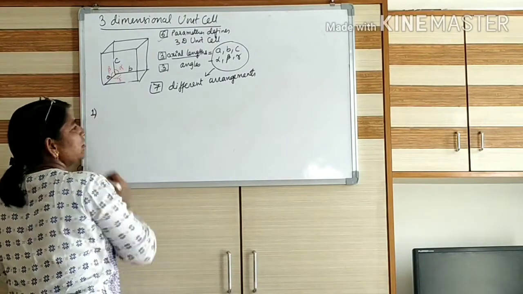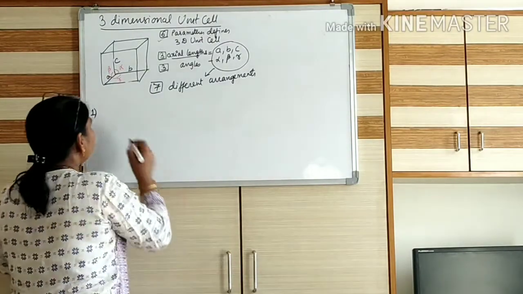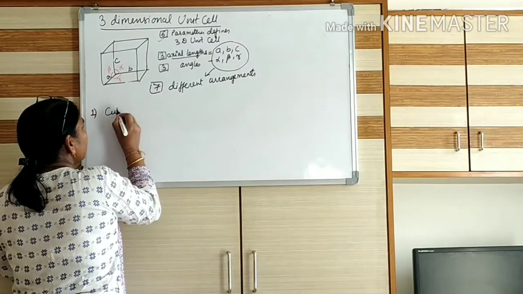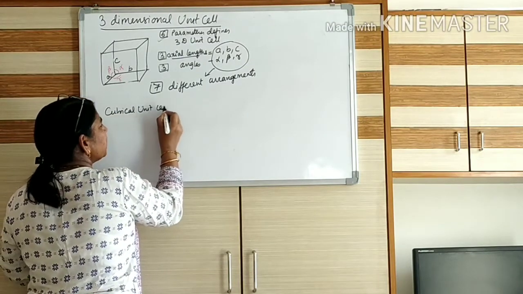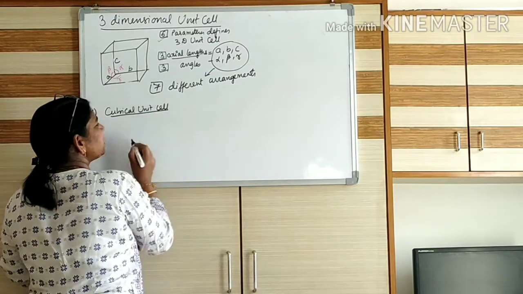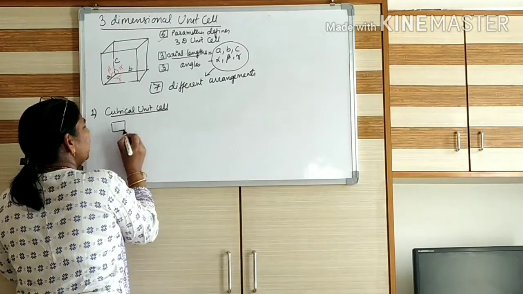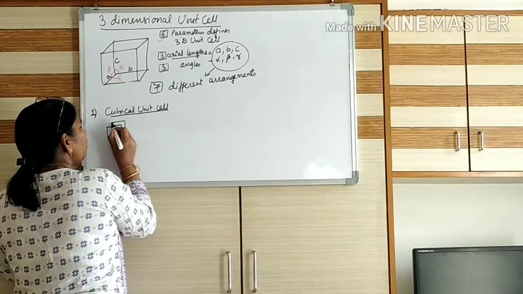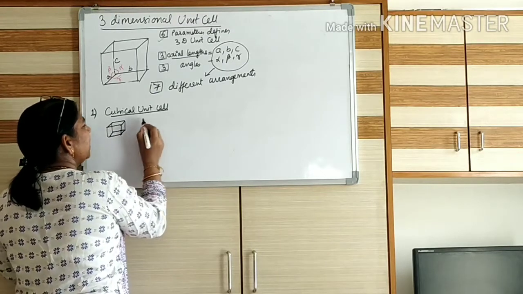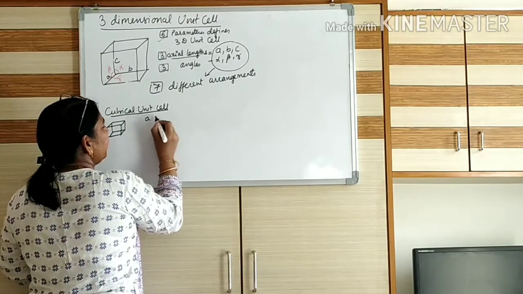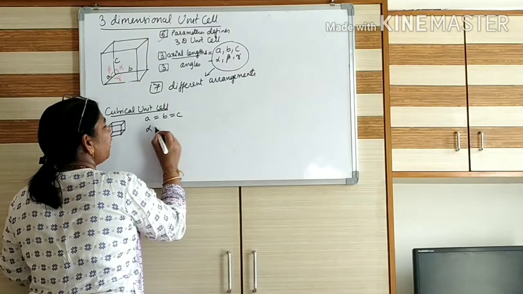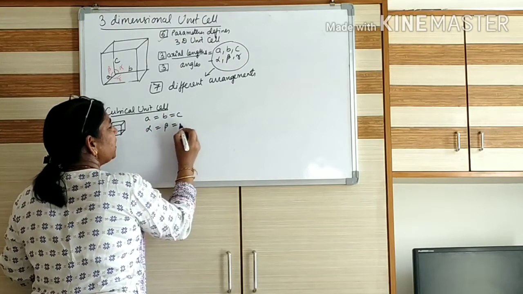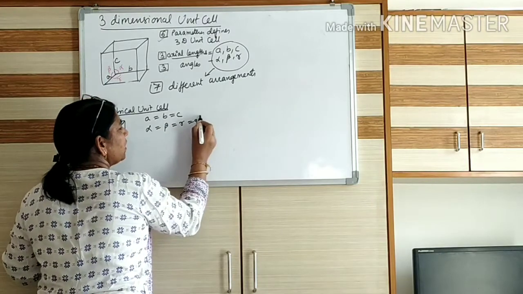First one is the simple cube, the cubical unit cell. You know the cubical unit cell is a cube in which length A equals B equals C, and angle alpha equals beta equals gamma equals 90 degrees.